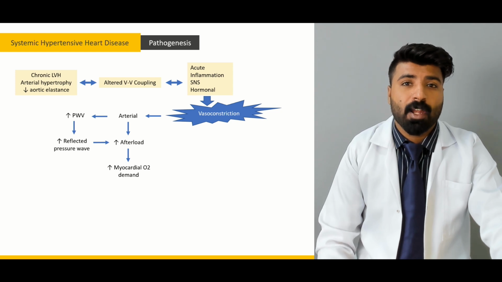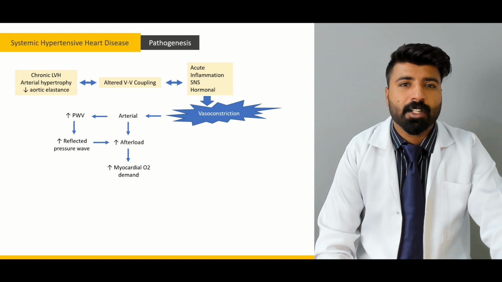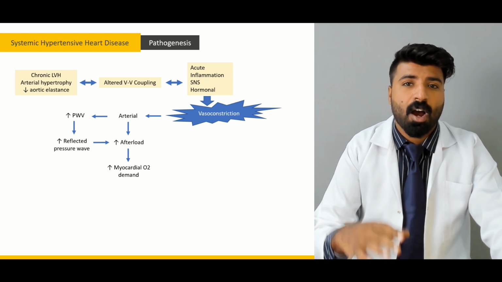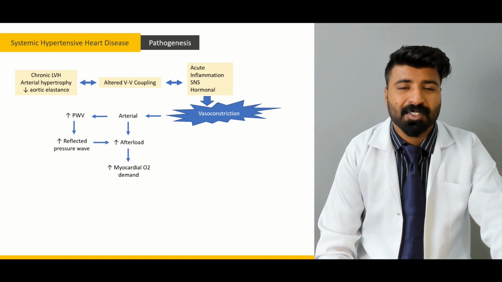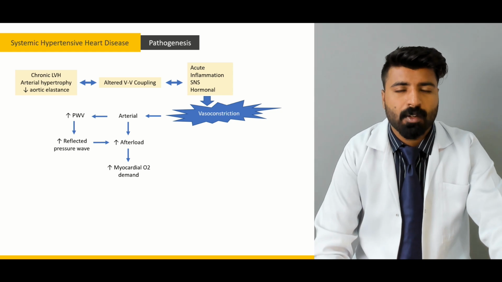We learned that if the oxygen demand is going up, what's going to happen to the coronary arteries? Coronary arteries will dilate first and try to provide the heart with its proper supply so that it can contract and relax, and the cycle can go on.